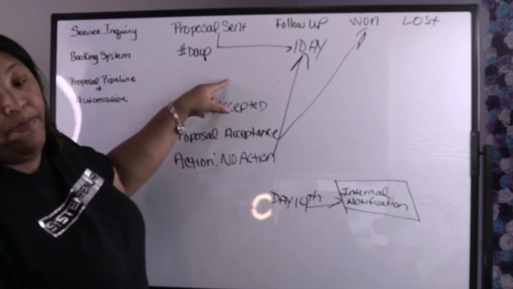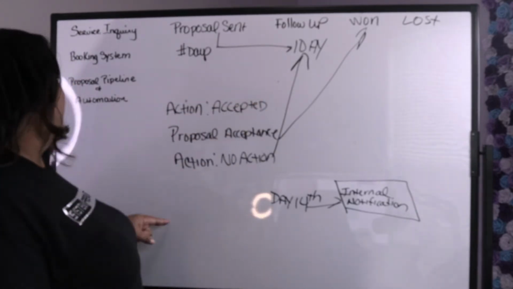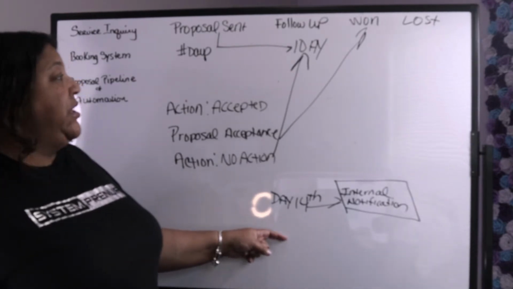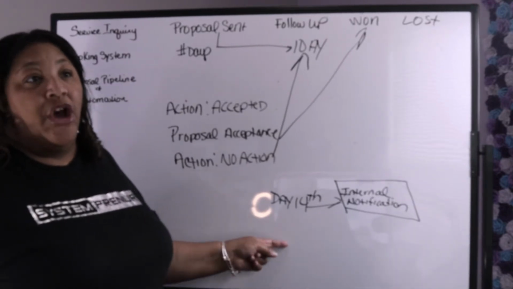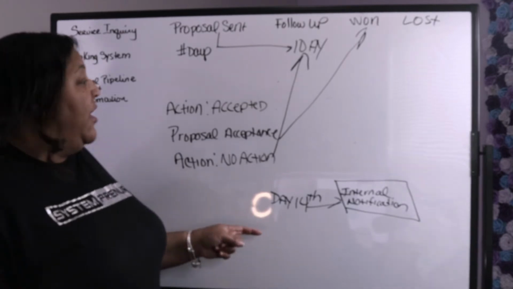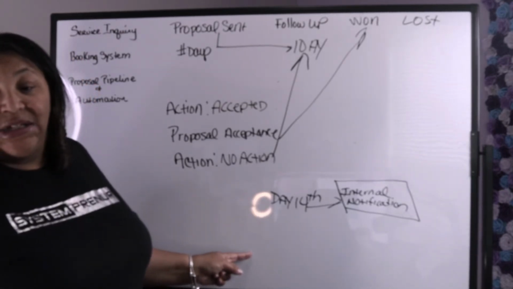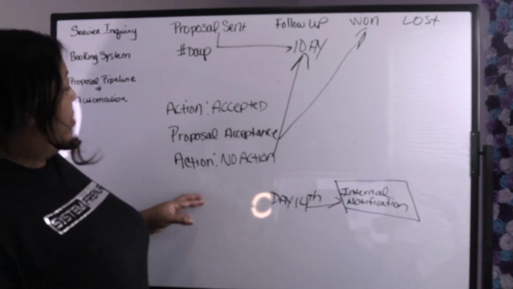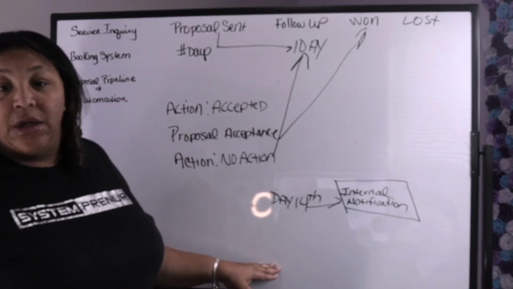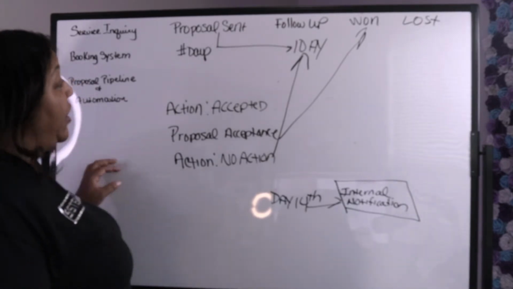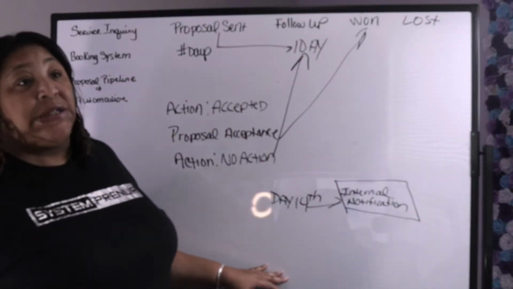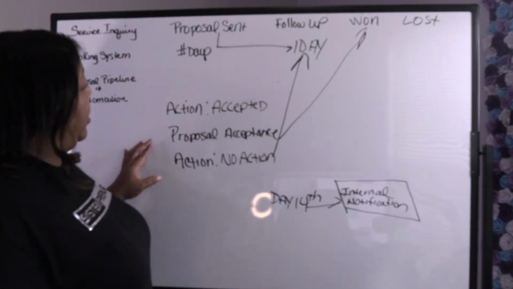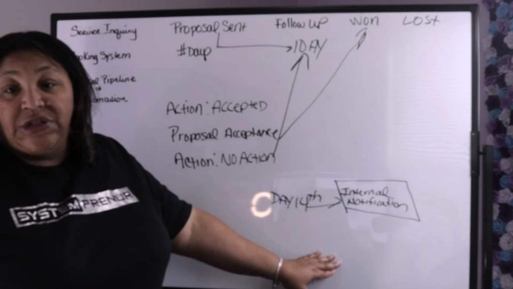Setting up your proposal pipeline to be automated is one of the biggest things that you can do because I know for a fact that that process gets lost. So if you had 20 meetings in a week and now you sent all 20 proposals because you're good, you have a close rate of 100%, you are not going to remember to follow up with those 20 people.